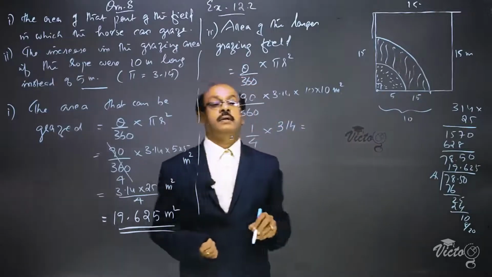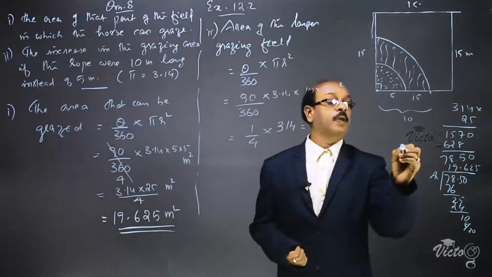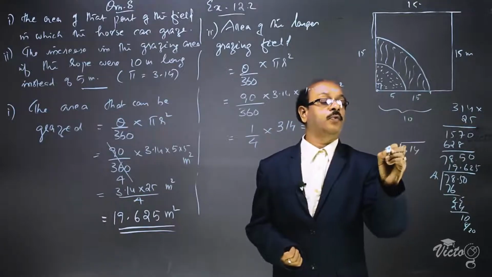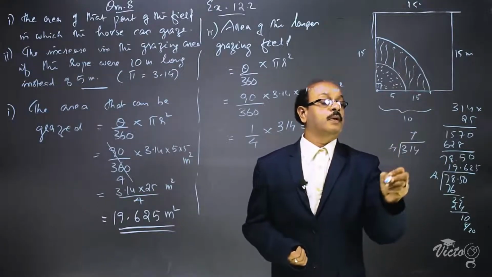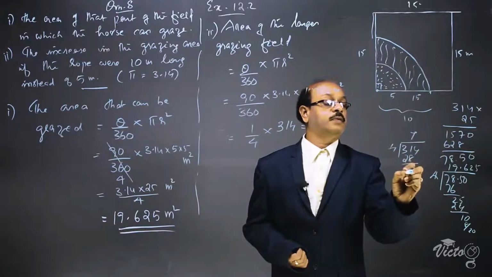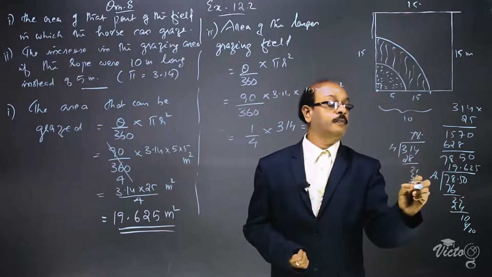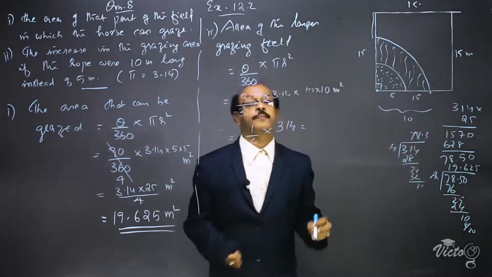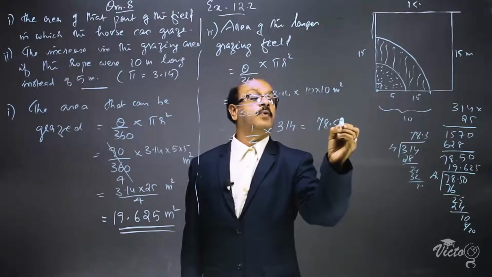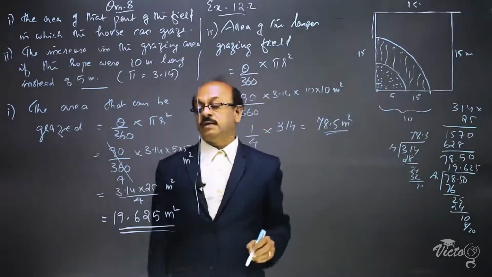We have to divide 314 by 4. 7 fours are 28, 34, 8 fours are 32, it is 78.5. 78.5 meter square is the grazing area.